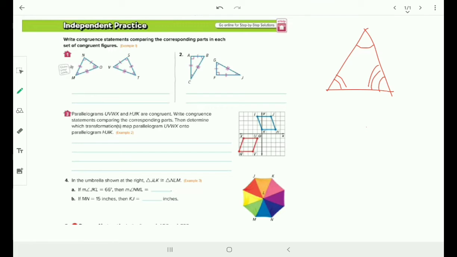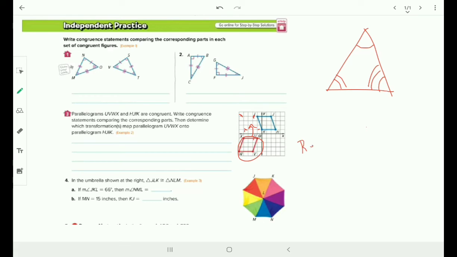Okay? So, to get to this parallelogram right here, it is going to have to be reflected over the x-axis and then translated. And once it's reflected, it's going to look something like this. And then I can translate it 1 unit to the right.